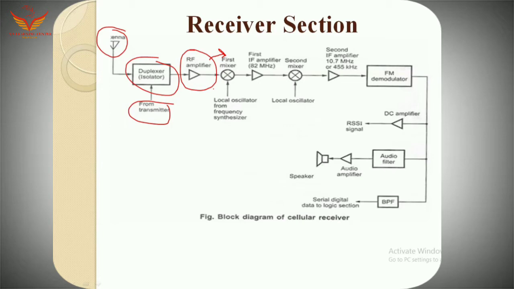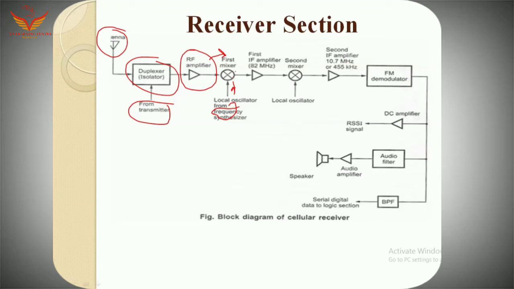Then the second input to mixer 1, means the first mixer, is a local oscillator 1 signal obtained from the frequency synthesizer. So these are the two inputs, the output of the RF amplifier and local oscillator 1, given to the first mixer.